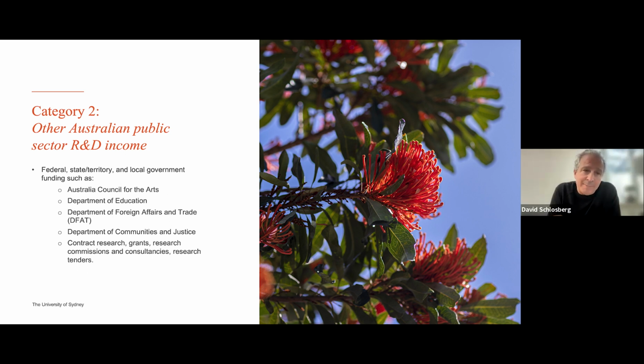There are some examples of some fairly large schemes and teams that come together. One of the first things we did was to work with folks in public health for a research hub on the social and health impacts of climate change. And that was a $500,000 grant to the university to fund a series of other projects that people would apply to.